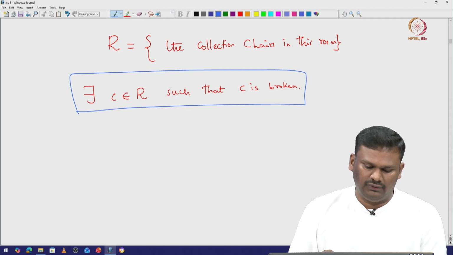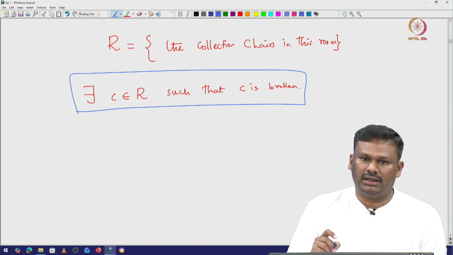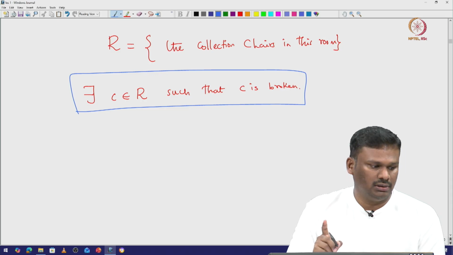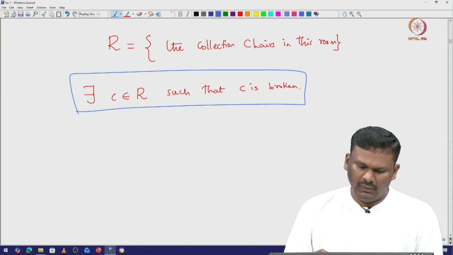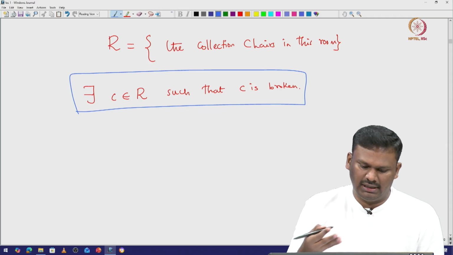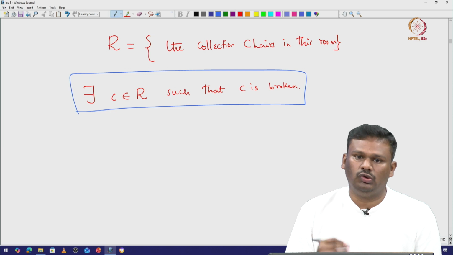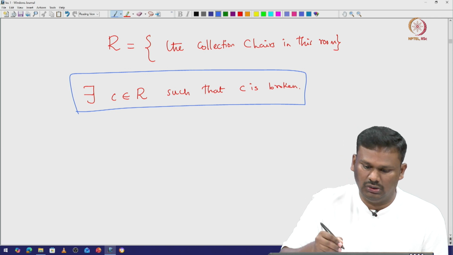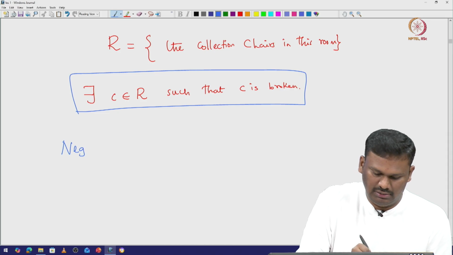So, now if we want to negate this, we are pinpointing there exists a chair such that C is broken. If we want to negate this, then we want to say that there is no broken chair. That means, you give me any chair, I will tell you that it is not broken. So, the negation should be as follows. This is the negation.